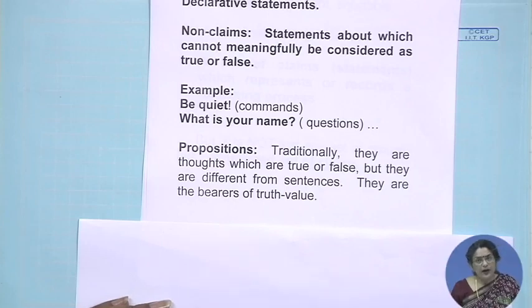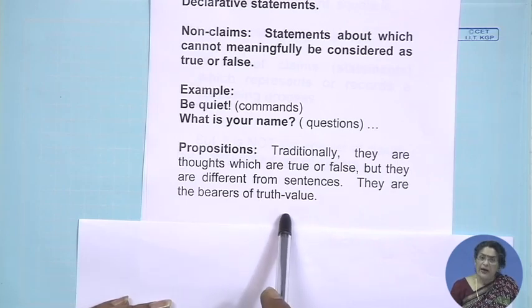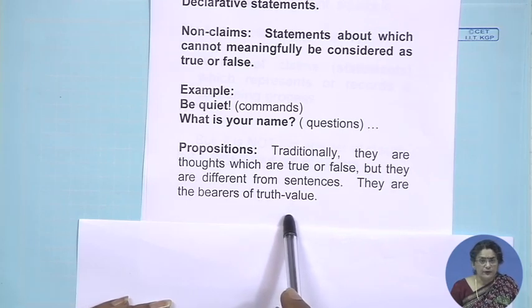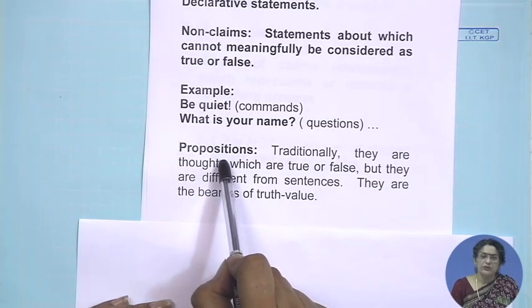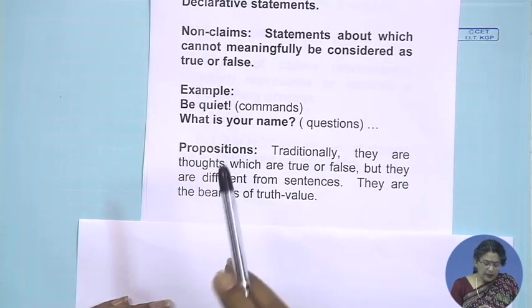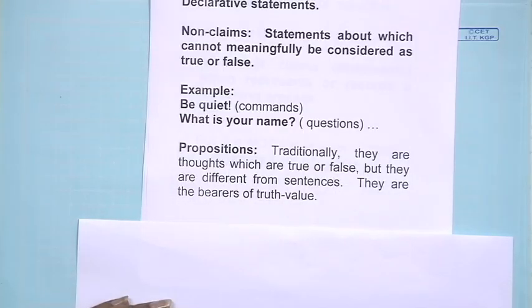So, the thoughts behind those statements are propositions, and traditionally those propositions have been thought to be the actual bearers of truth value. So, if you ask what is it that is true or false, the answer is that propositions are true or false. Now, because it is a beginning course and because we have students from various kinds of disciplines here, we are not going to make this kind of subtle distinction very important for us.